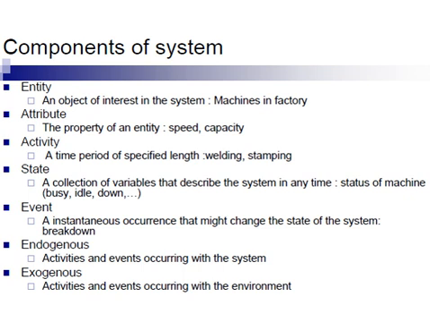Let's talk about attribute. An attribute is basically the property of an entity, such as speed, capacity, quantities of each order, type of part, or number of machines in a department, which are attributes of a factory system.